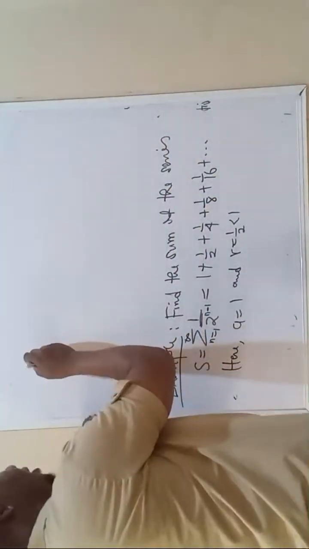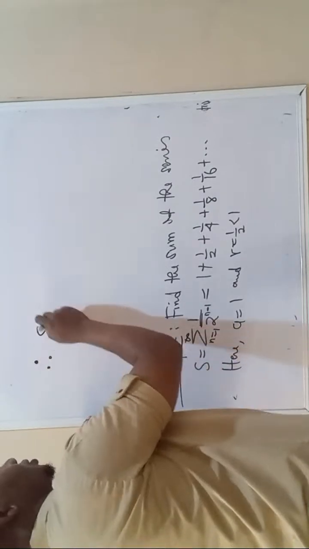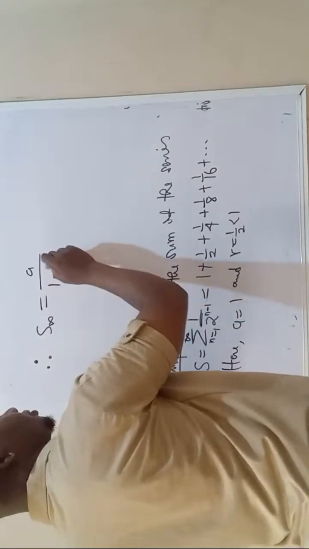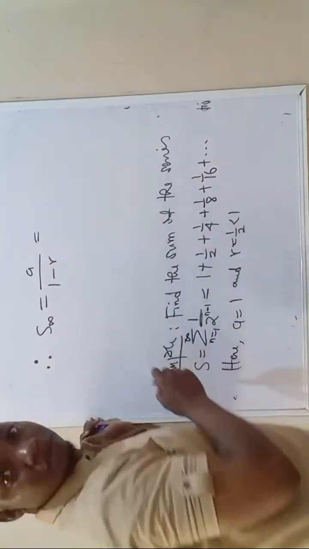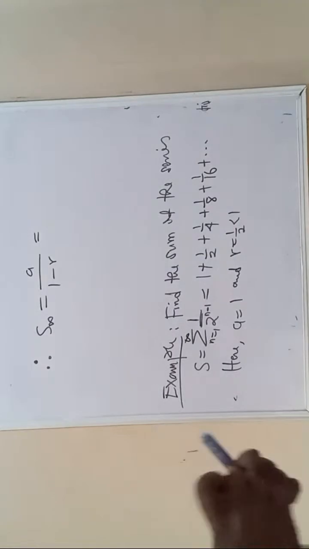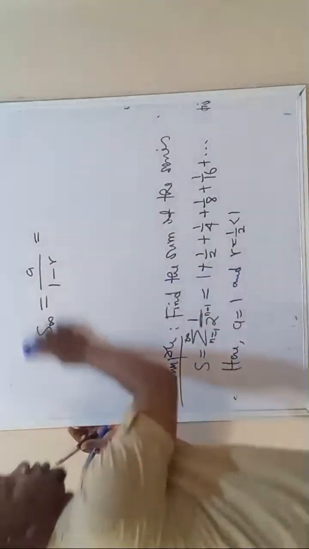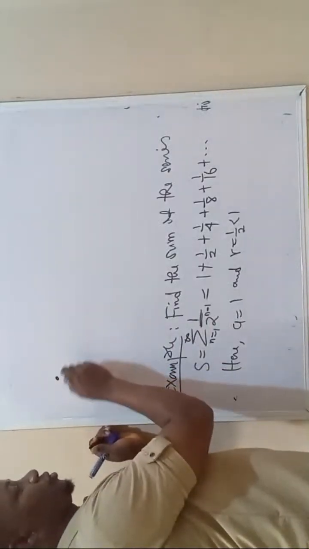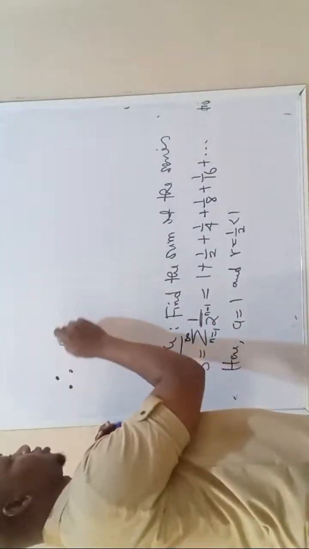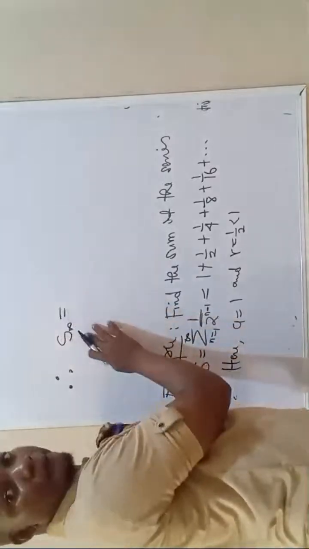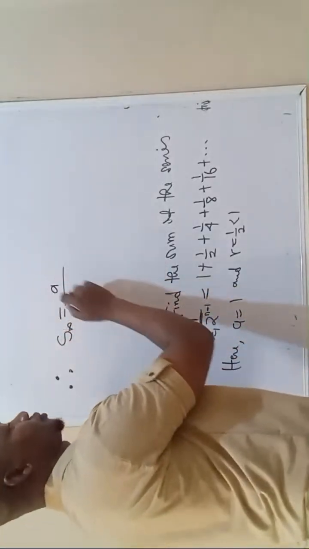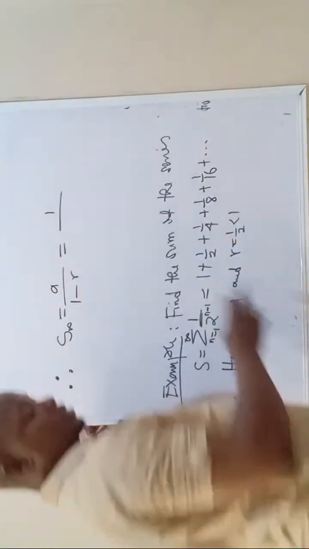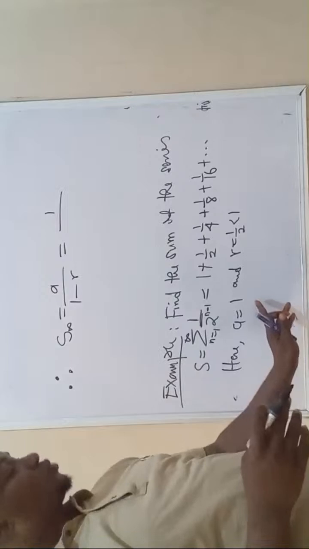So therefore, the formula, let me bring this thing down. So therefore, using this formula, this will be equal to 1, as we said here that A is 1.